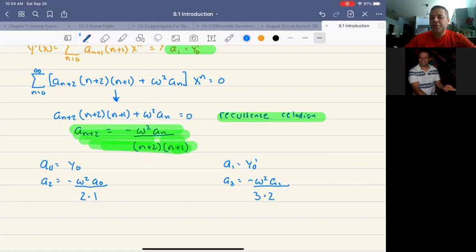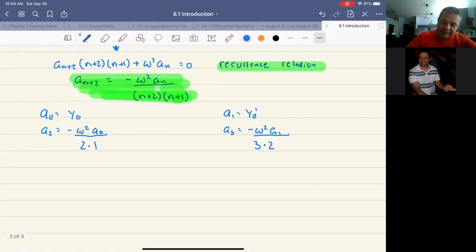Okay, let's go further along. A sub 4. A sub 4 is going to be negative omega squared a sub 2 over, now, a sub 4, remember that is n equals 2, so that's going to be 4 times 3.